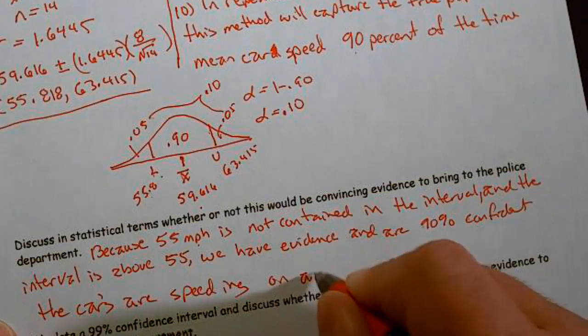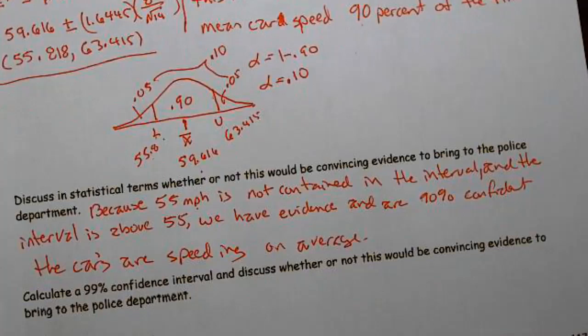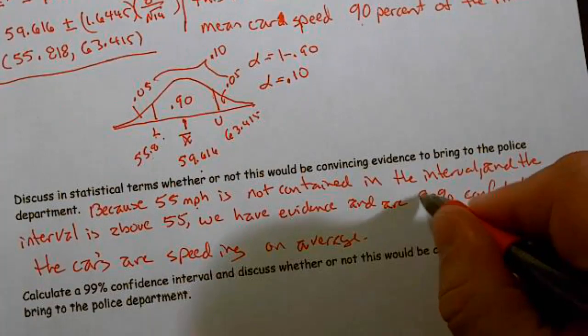Now we can probably shorten that up and say because 55 is not contained in the interval and the interval is above 55, we're 90% confident that the cars are speeding, and this should be a 90%.